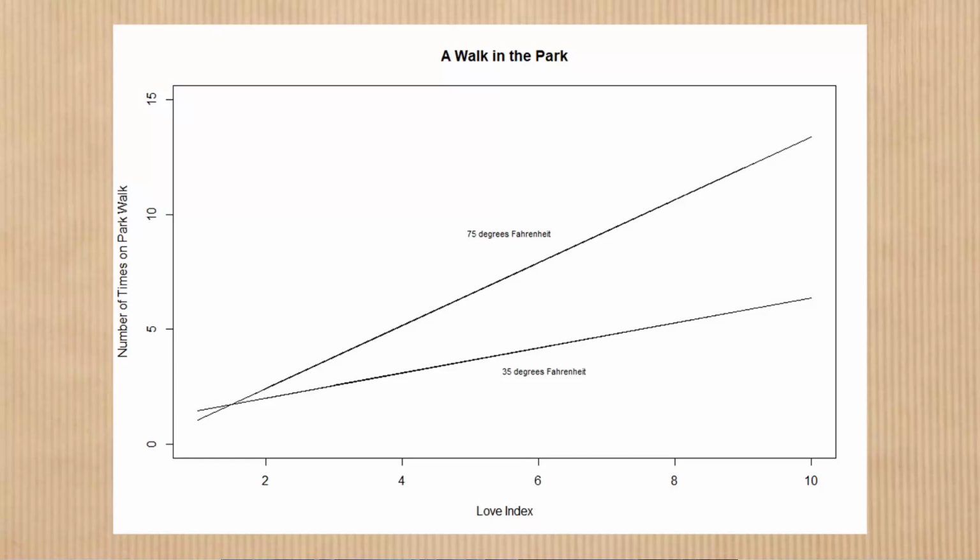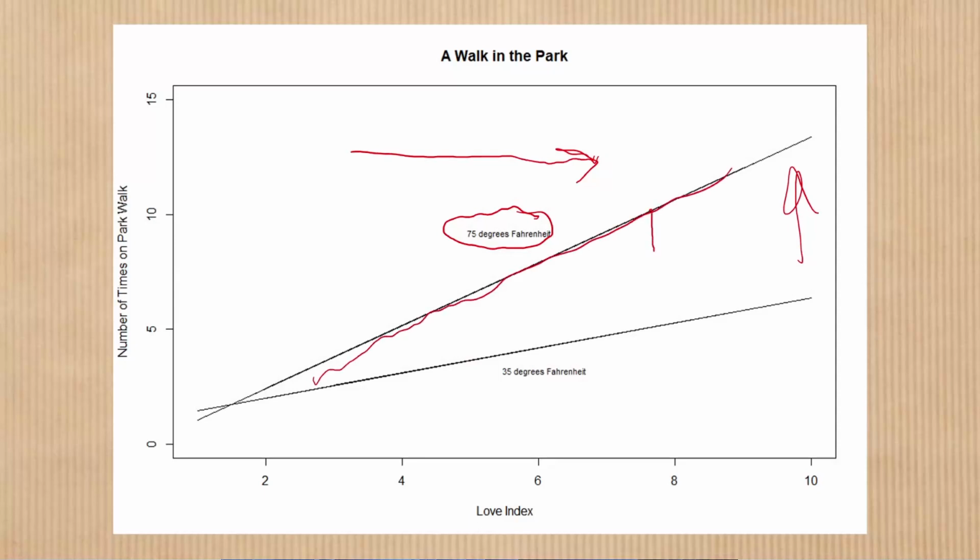So if we have 75 degrees Fahrenheit weather, we find that as you look at different couples with different love indices, on average, as the love index increases, that is, as we move this way horizontally, we get an increase vertically, and that increase has a particular steepness or slope to it.